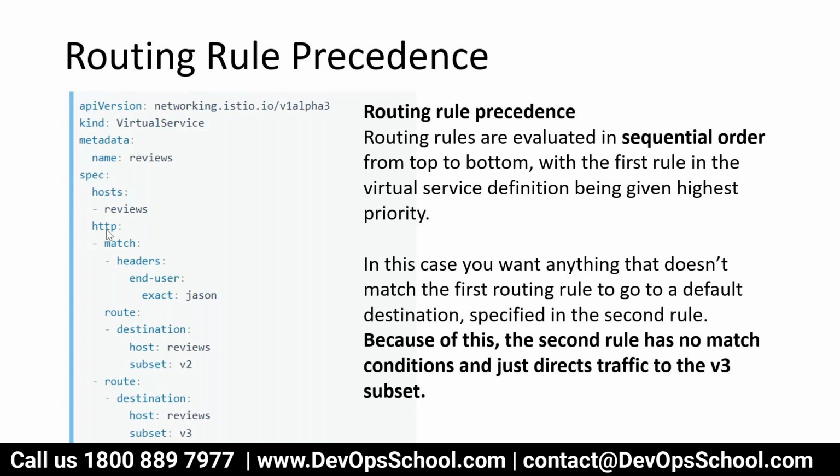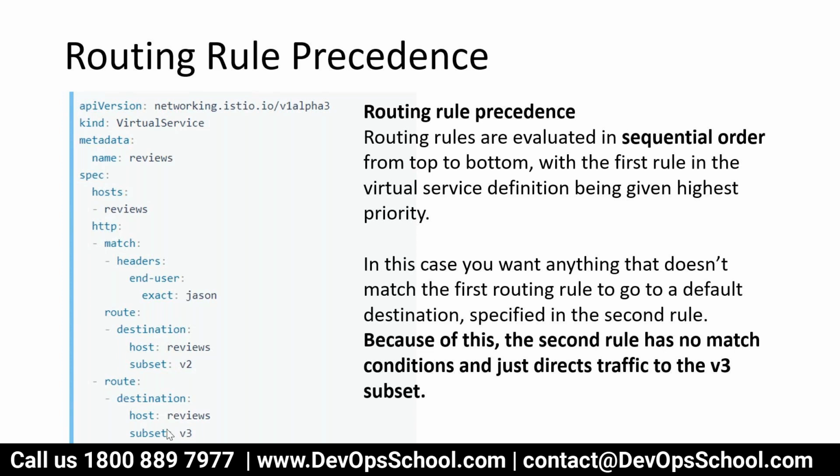If an HTTP request matches the user JSON, that means someone is making a request to my host, which is reviews, and the user is JSON, then transfer this to the route v2 of the service. Reviews is the name of the service, v2 the version. If JSON is not there, then go to the default route, which is v3.